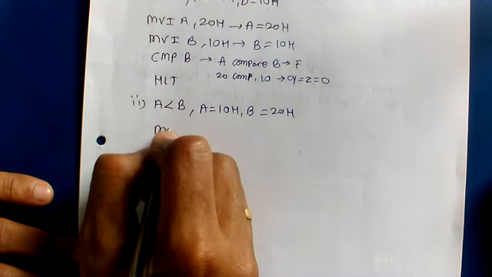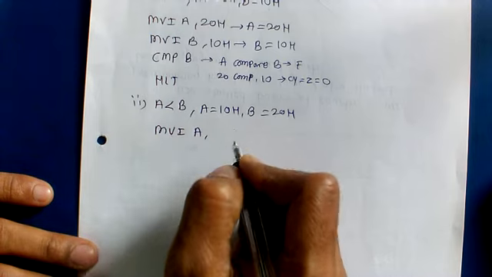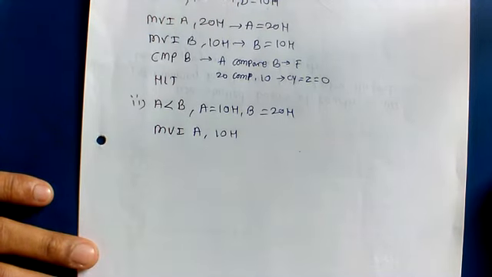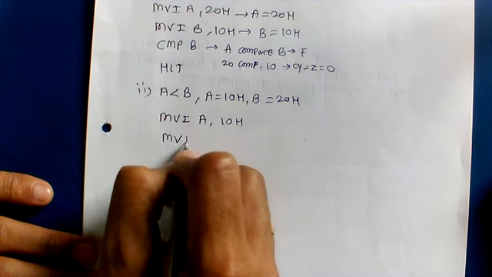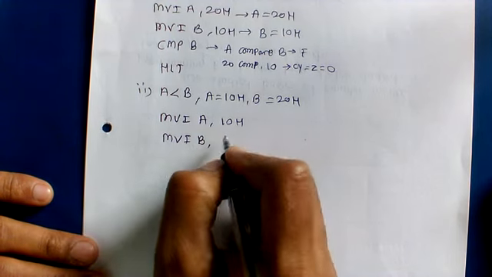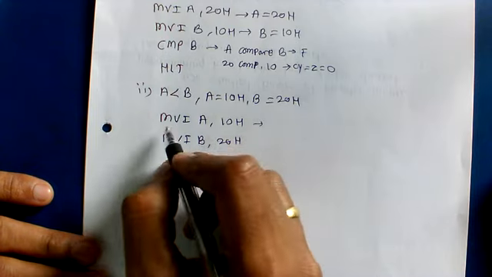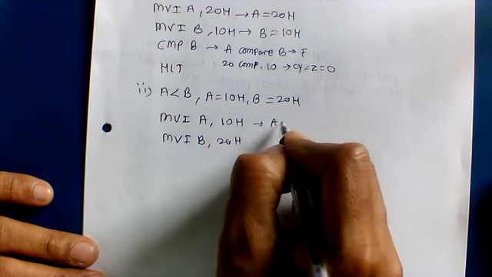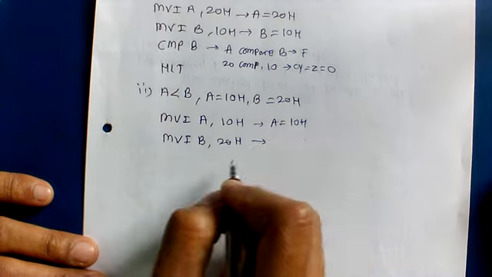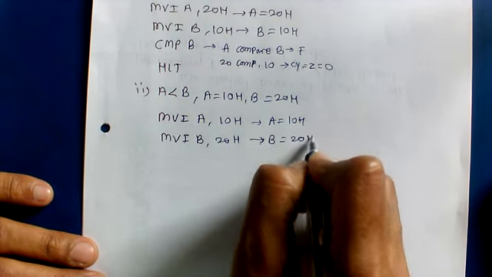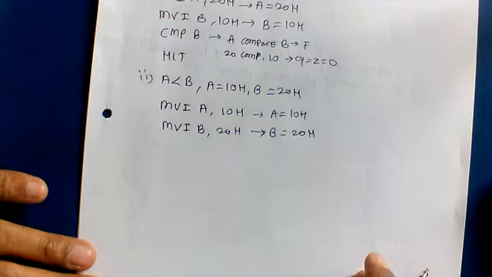So the first instruction is MVI A 10hex, MVI B 20hex. Okay. So after the execution of this MVI A 10hex, in accumulator you will get 10hex, and after this MVI B instruction, in B register you will get 20hex.